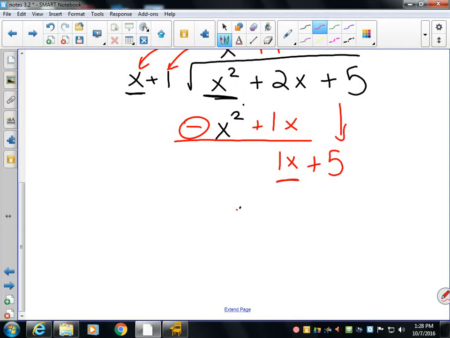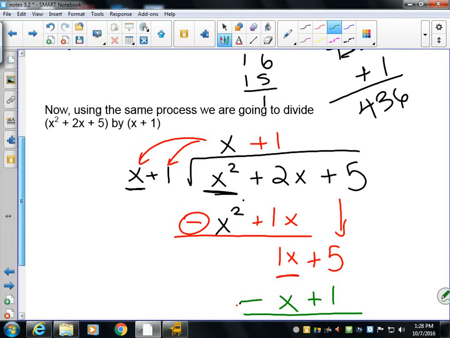Okay, so if we do that, x times 1 is just x. 1 times 1 is 1. If we do the subtract, x minus x gives me nothing. 5 minus 1 will give me 4. That's the end of the line, right? So I go back to the top and I say remainder 4.